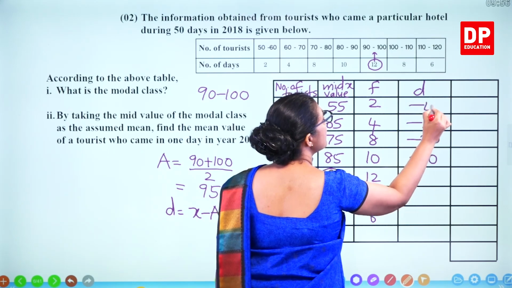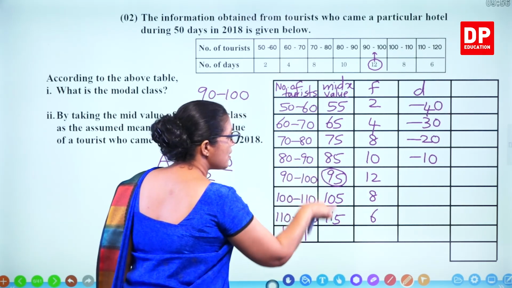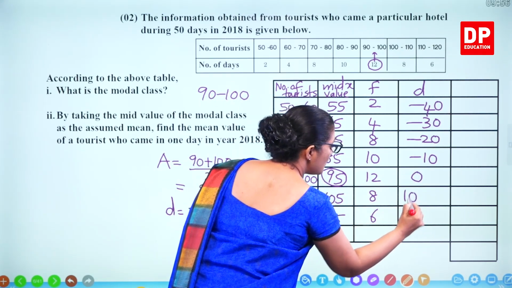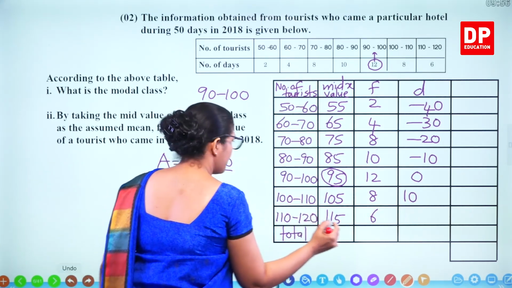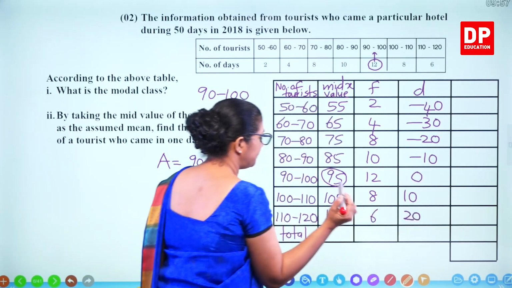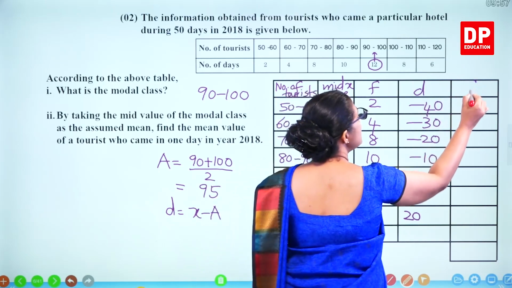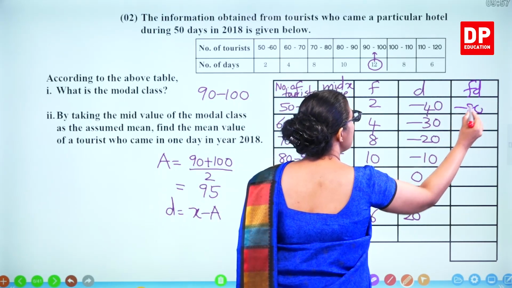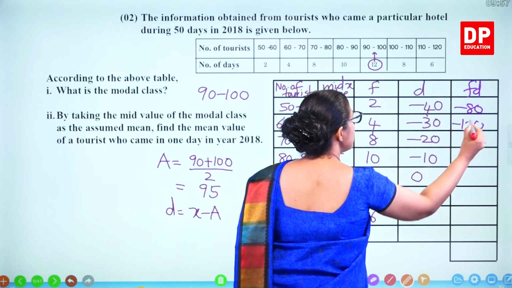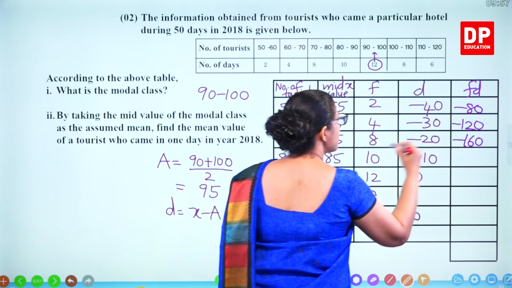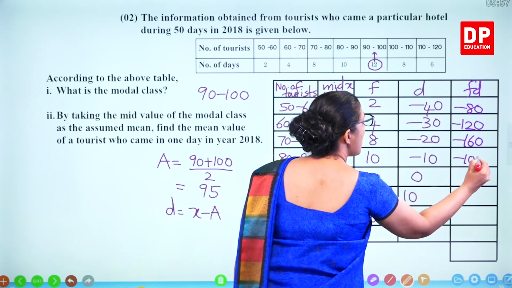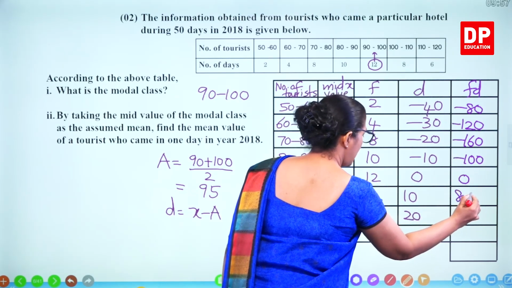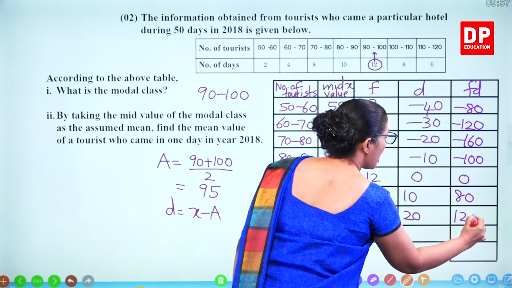So you can straight away write down these values and here this becomes 0. This is 10 and 20. Now FD, multiply, you get minus 80, minus 120, minus 160, minus 100, 0, 80 and 120.